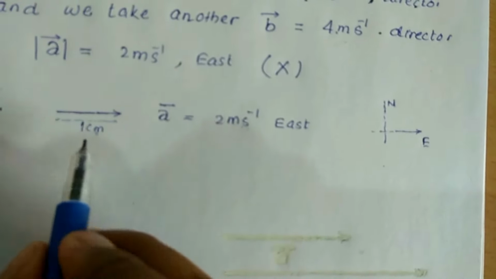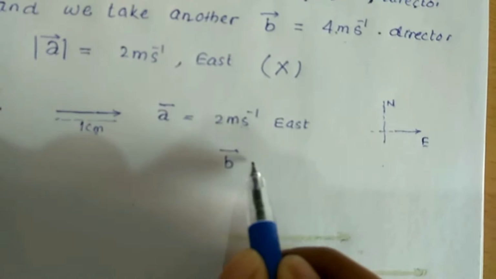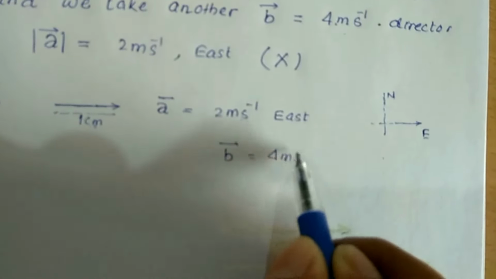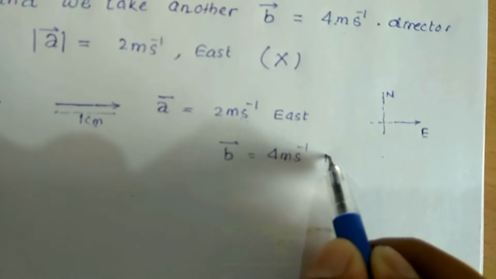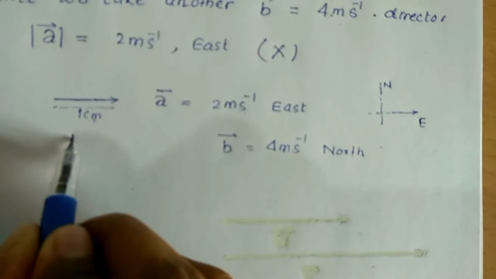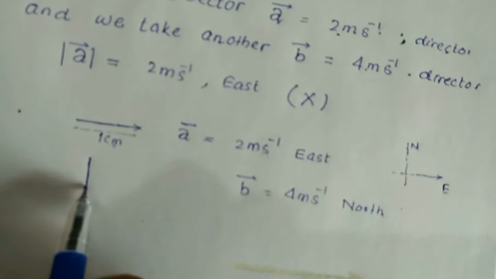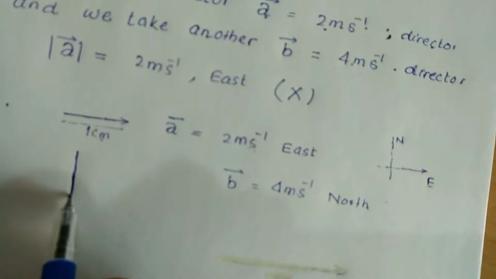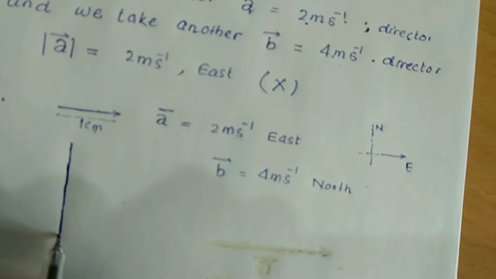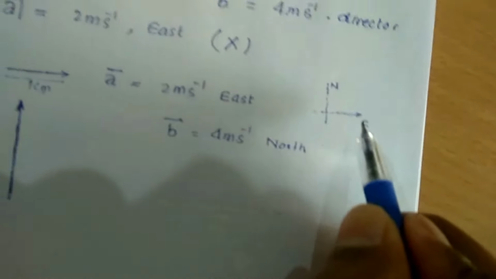If we take 1 centimeter, and suppose a vector B has the same magnitude in meters per second but is directed north, and is supposed to be double, then it is an arrow in the north direction.